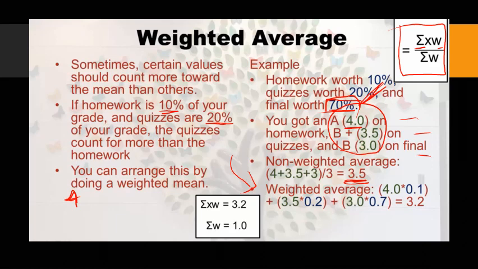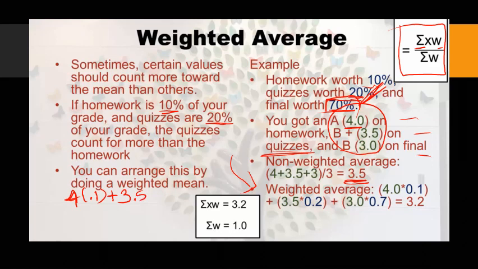So that one is going to be multiplied by 0.1. Plus, your next score is going to be what? We got your next score at 3.5, because that's your quiz grade, and your quizzes are weighted at 20%, which is 0.2.